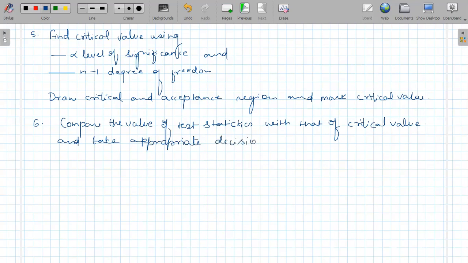Whether null hypothesis is to be rejected or accepted. Okay. So we quickly take one example to understand the whole concept.